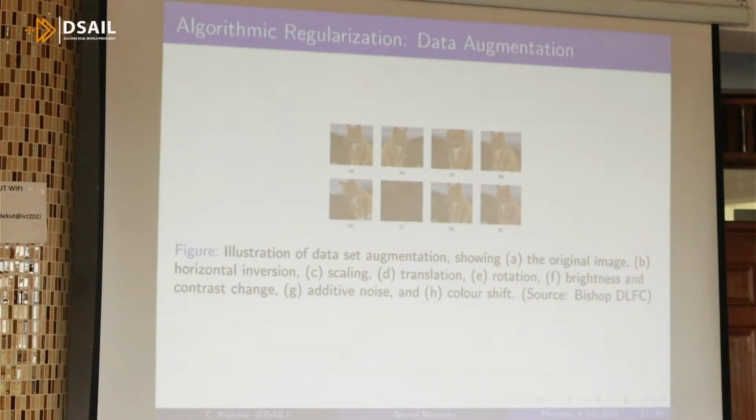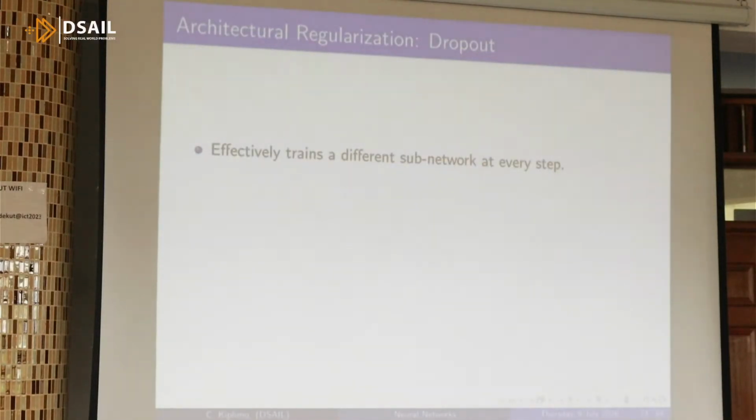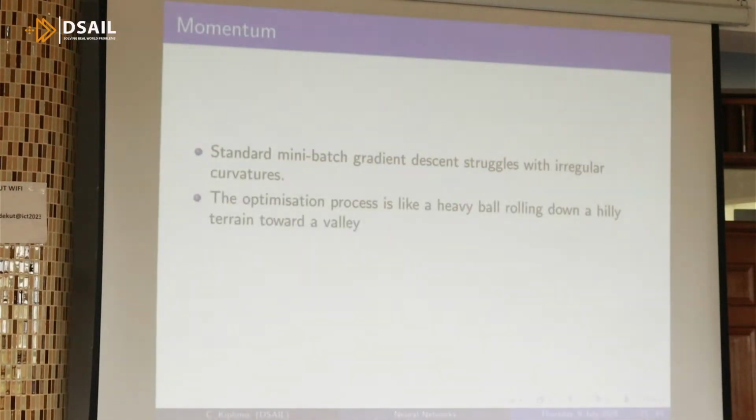It's like you're translating an object within the image. It's similar to cropping, if you like. You can rotate it, you can change the colors, you can add some noise, you can shift colors. All that, from a single image, you have like 8 new images. That's what data augmentation looks like.